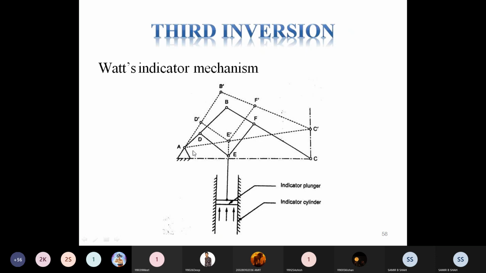Here, wherever this kind of symbol is given, it shows that it is fixed. We consider from the figure that link 1 is fixed at A. Then DE and EF, fixed at one end, DE and EF also generate one link.